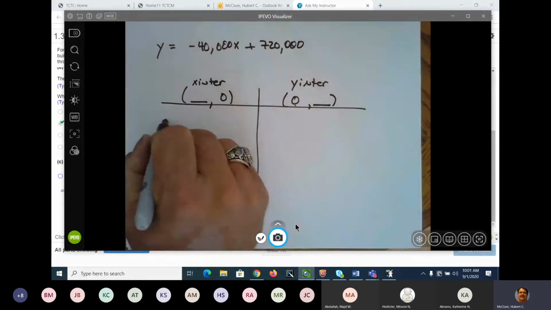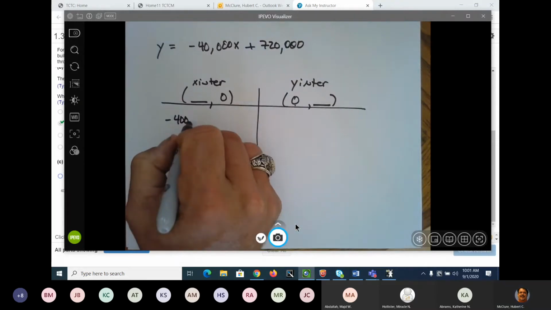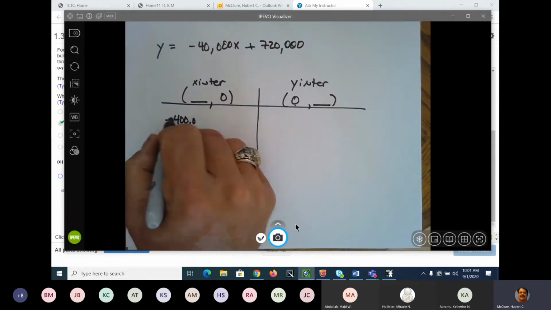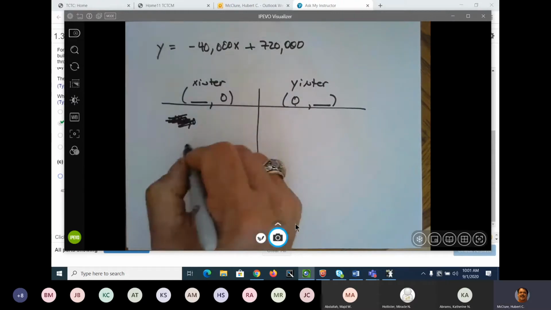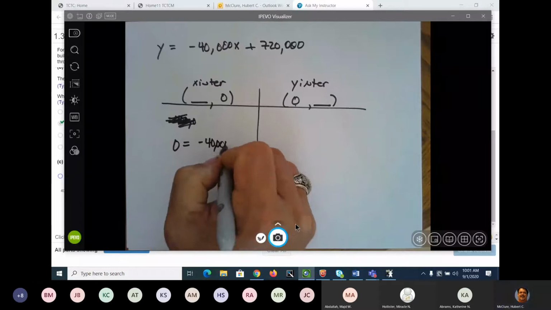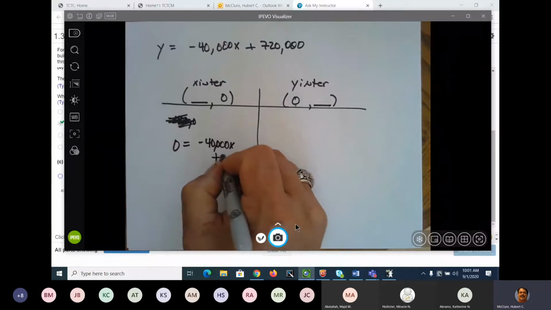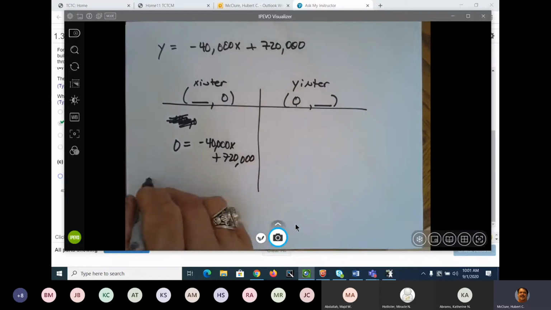So negative 40,000. No, I'm sorry. So y, so that'll be 0 is equal to negative 40,000 x plus 720,000. Minus 720,000.